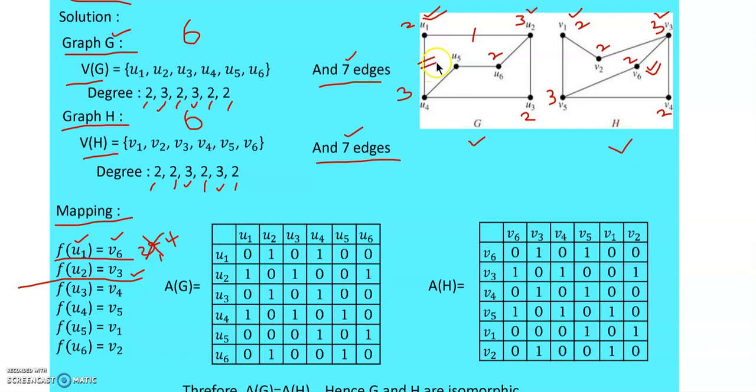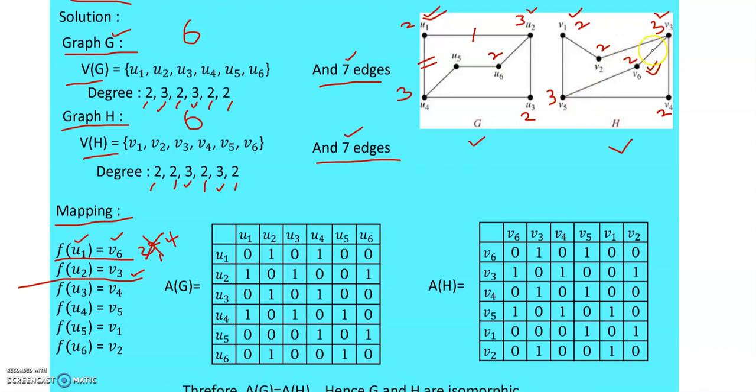Okay, first edge, second edge. Now for v6 in this graph, which edge is going to map? Actually there's no need to check and write here because we are going to use the adjacency matrix for this. So we can write only for vertices.